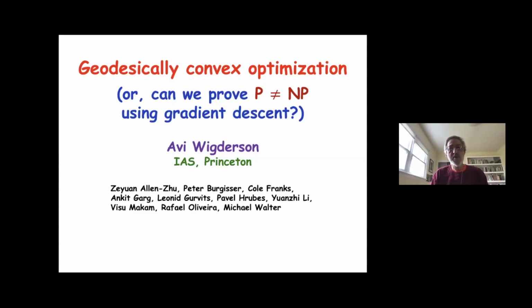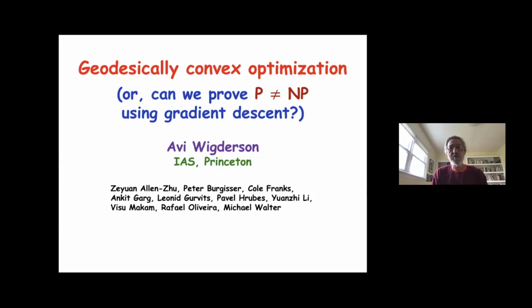So I want to tell you about this topic that with these co-authors listed here, we've been pursuing over the last 4 or 5 years. And the title changes as we keep understanding better and better what we are doing.